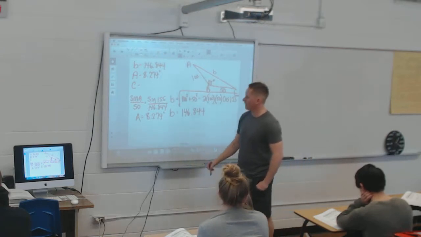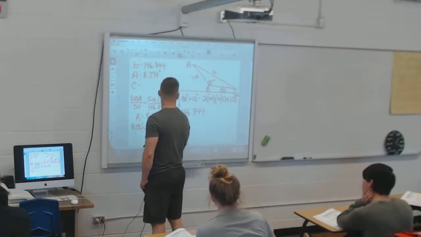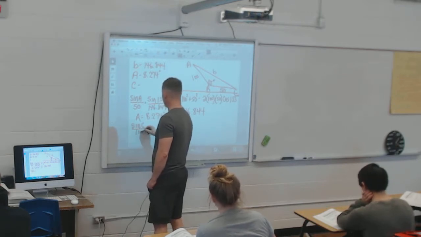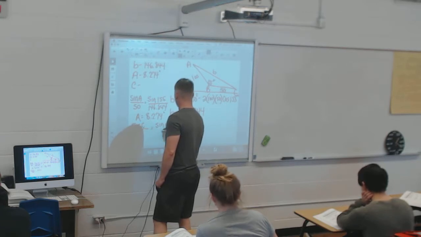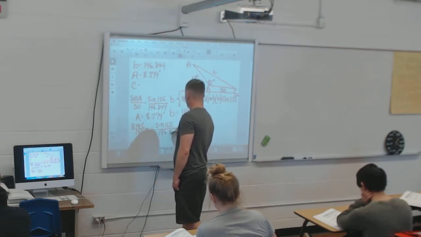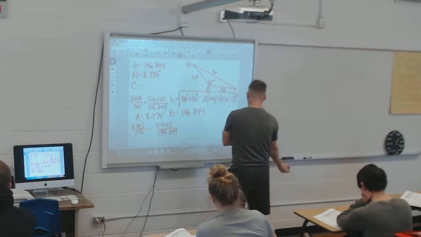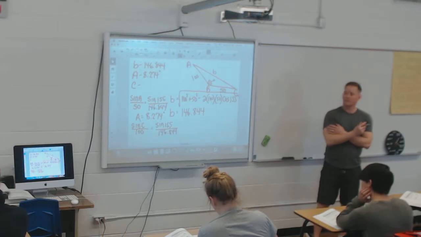While Eli's working on it, let's find out what C is. I keep getting 0.1439. Second function sine.